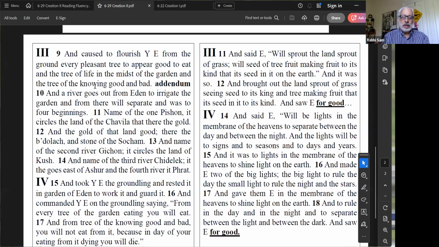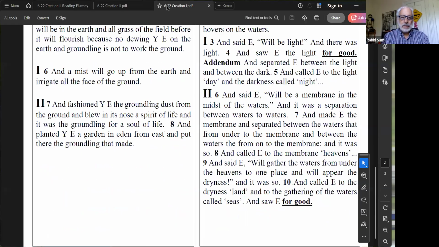The addendum material is, again, that's all you needed for the step. That's all you need to know. However, the story goes on and says, and while God was at it, God made a river flow out of this Eden place, which, by the way, if you'll recall from last week, the garden was actually in Eden from the east, that is, east of Eden.